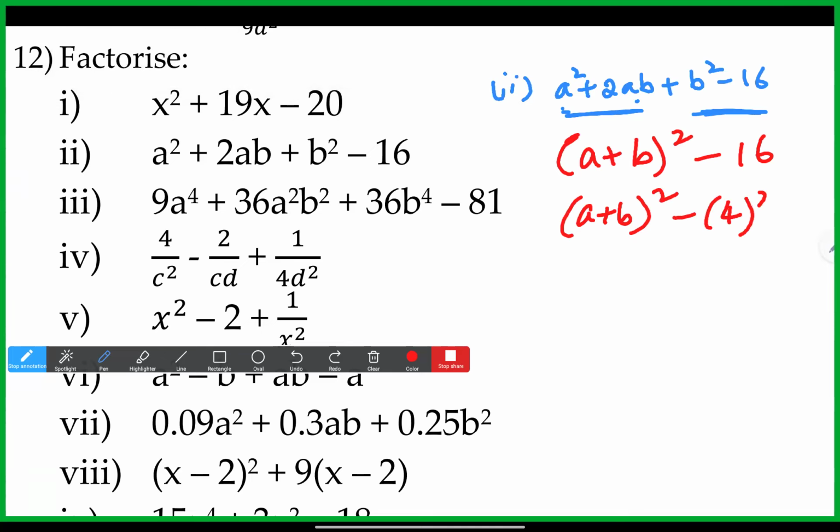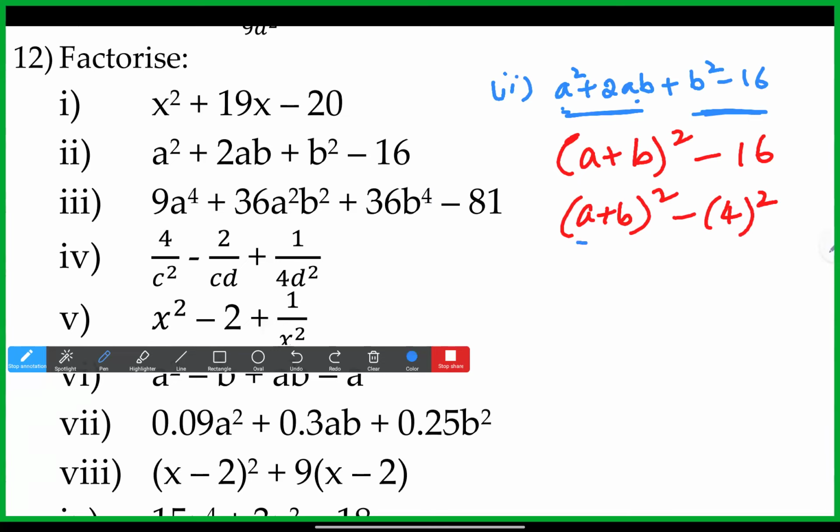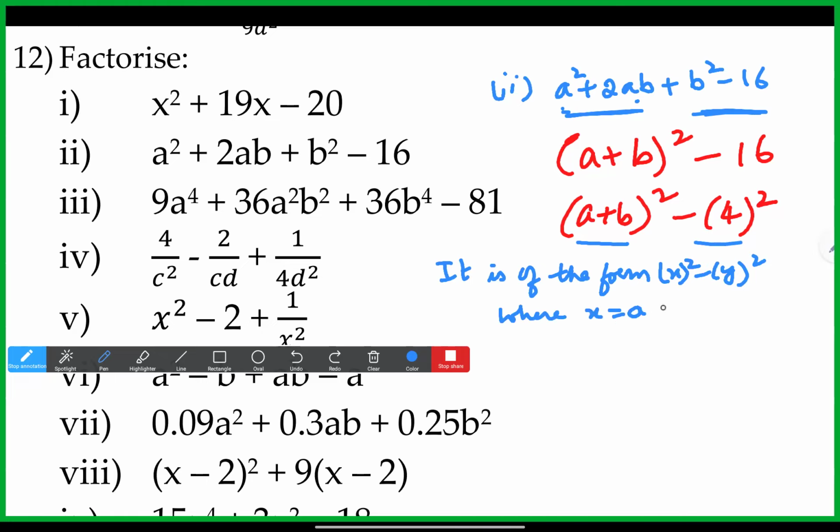Now observe this step. a plus b whole square minus 4 square is looking like x square minus y square, the form of the before question, 11th question model. Here x is a plus b and y is 4.